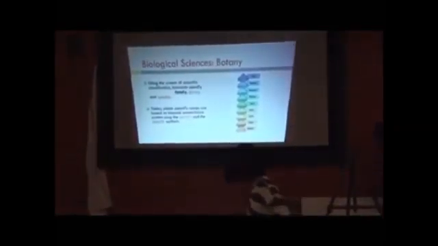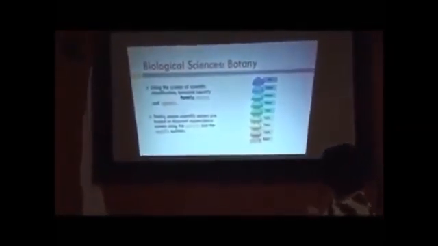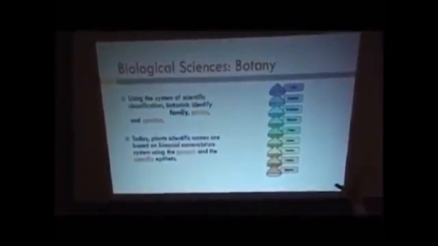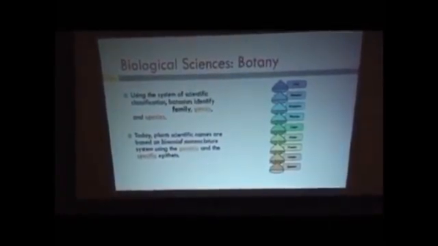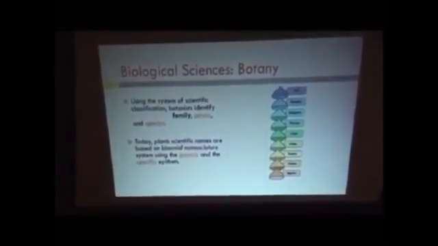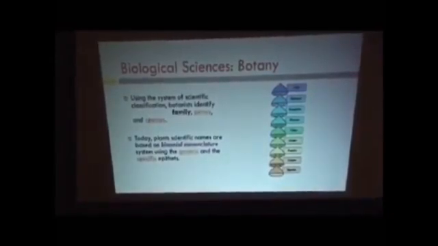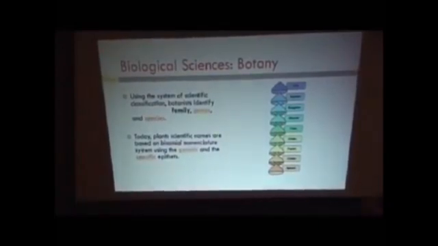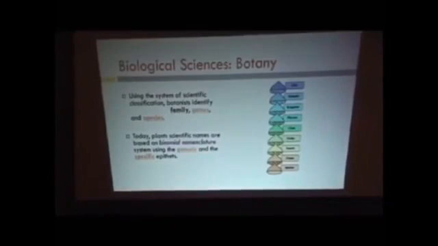Okay. What you see up here is taxonomy, which refers to how do I classify something? How do I classify an animal? How do I classify a plant? How do I classify, even humans were classified based on this system, which was created by Carolus Linnaeus, who is the same person who created the color scheme, where black, white, red, yellow, those were the actual colors that he identified people as.